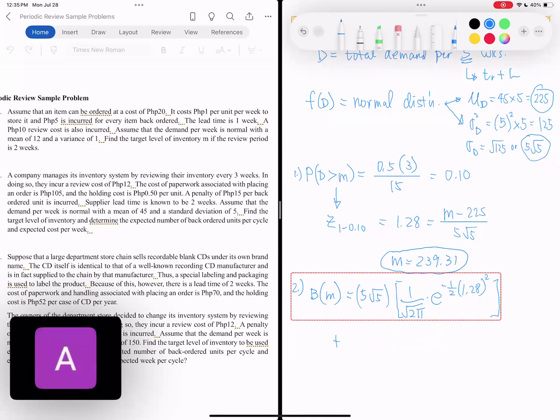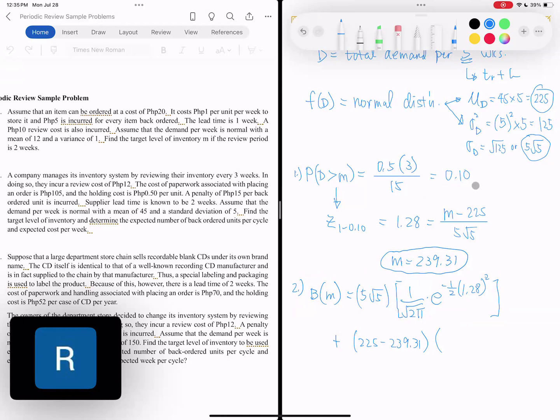Yes, sir. Okay, so plus. The formula is mu minus m. What mu will you use? 225. Capital D, because this is per cycle. So 225 minus your m, which you have calculated there, 239.31, multiplied by your capital G. Your capital G is always your critical ratio, which is this one.